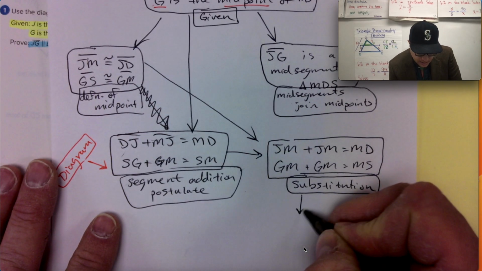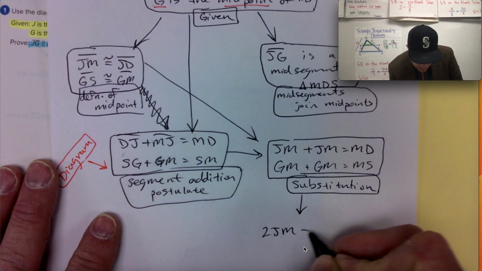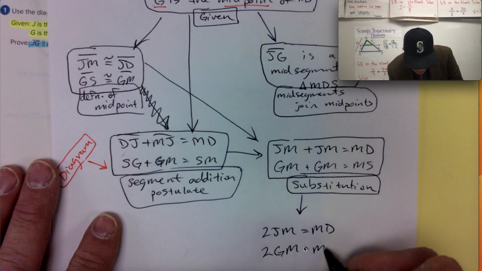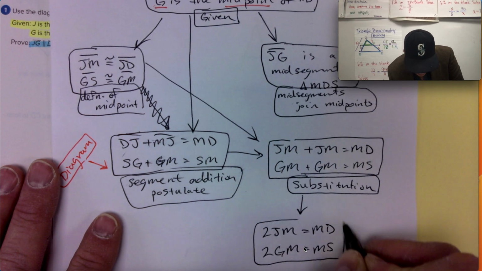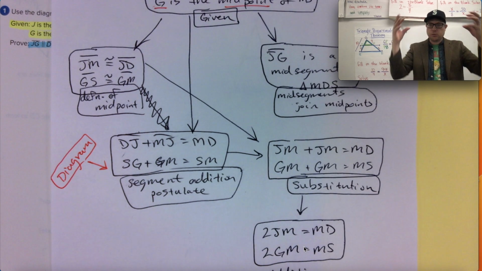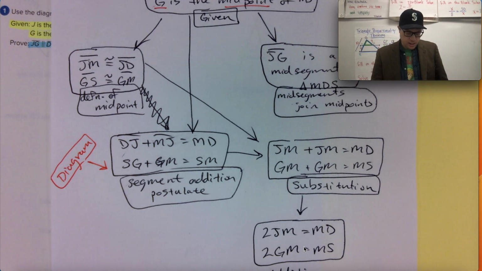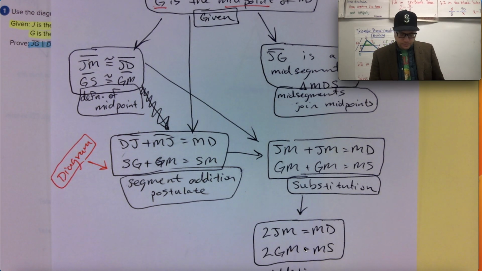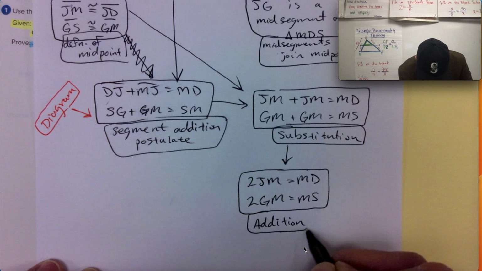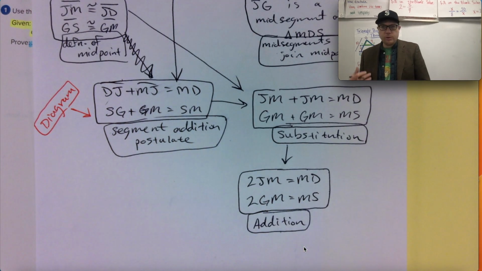So this one's going to now say 2JM equals MD and 2GM equals MS. We're just adding, right? When you add things together, we're going to collapse the expression of JM plus JM down to 2JM because we're adding. Okay, where does this go? How are we using this?